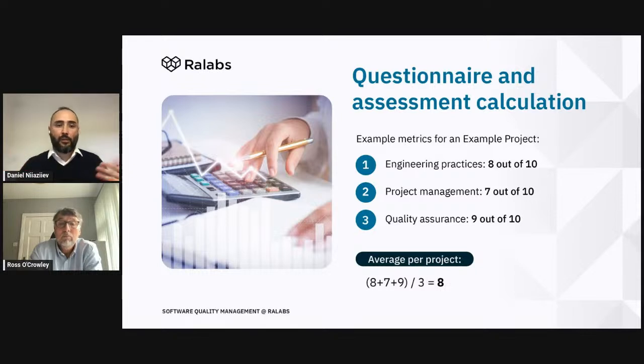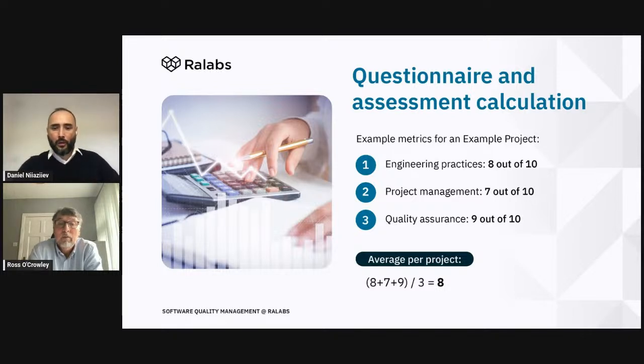And it's an abstract metric. It can say nothing without proper analysis. But it's a metric, and around that you can essentially build a lot of things. You can build KPI metrics, which we have in Ralabs. We're quite data driven, so we're measuring a lot of stuff.